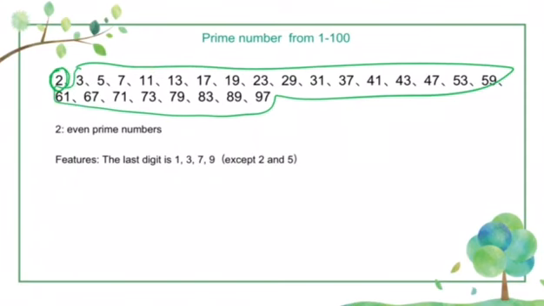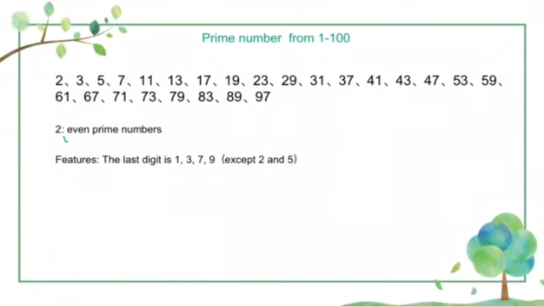So 2 is a very, very special number. We can see that except for 2, all the even numbers are composite numbers, right? Only 2 is an even number that is also a prime number. So 2 is very special, and also a common question during the exam. So pay attention to this one.